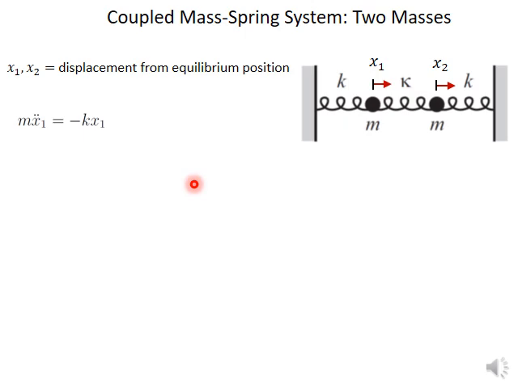So well and good. What about the force from this spring? Let's look at this situation a bit. Let's say this mass m displaces in this direction by x1, and at the same time this mass displaces by x2, such that x1 and x2 are exactly the same and in the same direction.